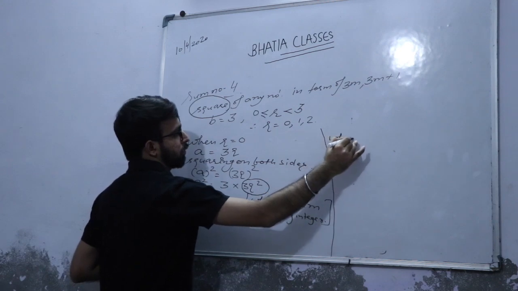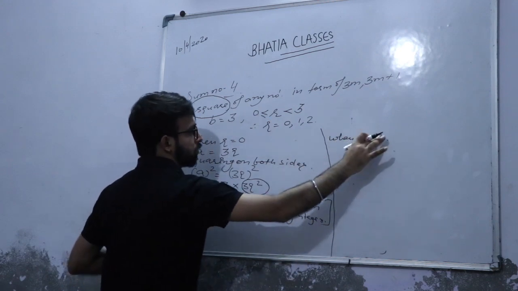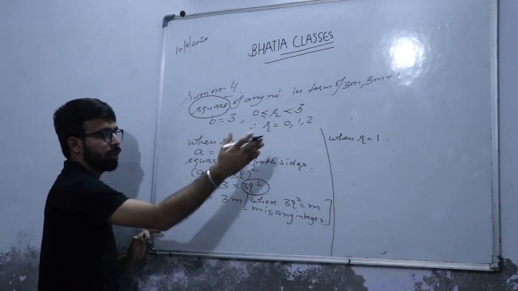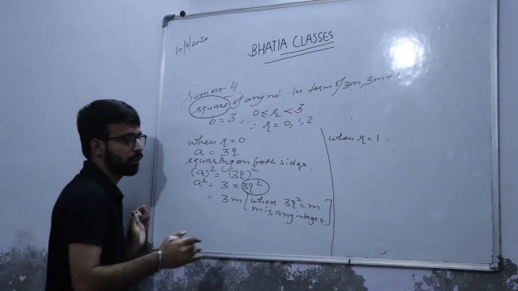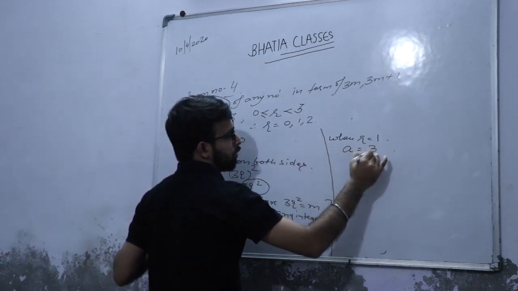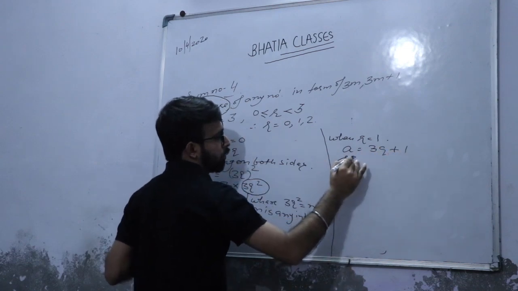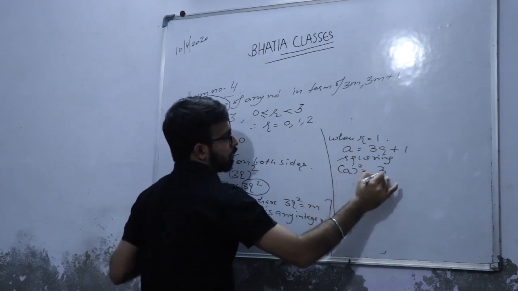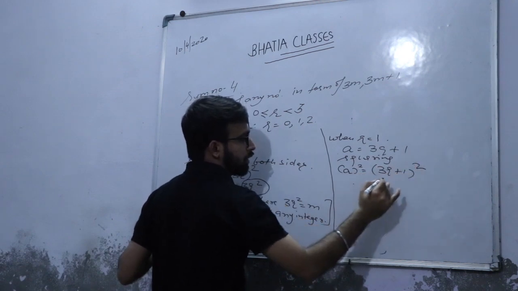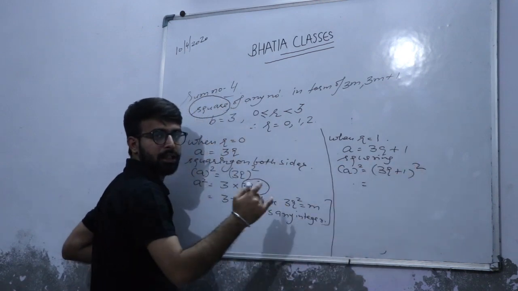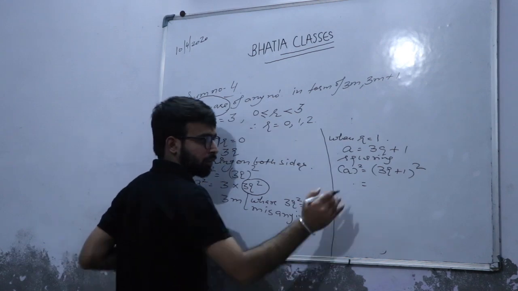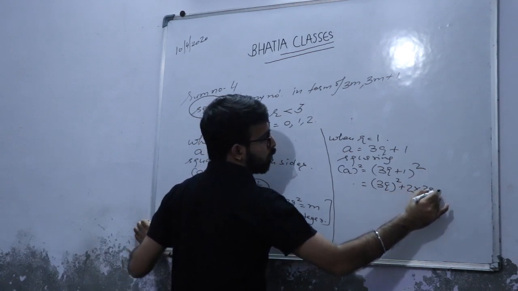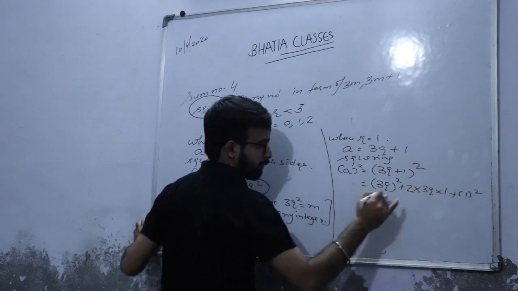Now, when r is equal to 1, by mistake I have written it as r is equal to 1 earlier. Here you will have to apply the identity. A is equal to 3q plus 1. Now squaring, a square is 3q plus 1 square. Apply the identity a square plus 2ab plus b square. 3q square plus 2 times 3q multiplied by 1 plus 1 square.